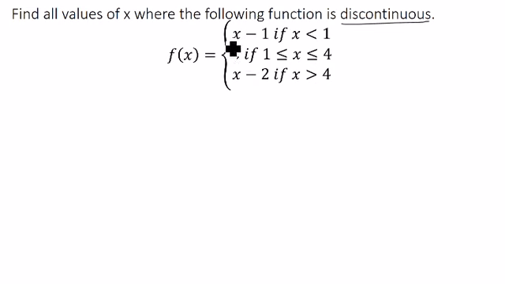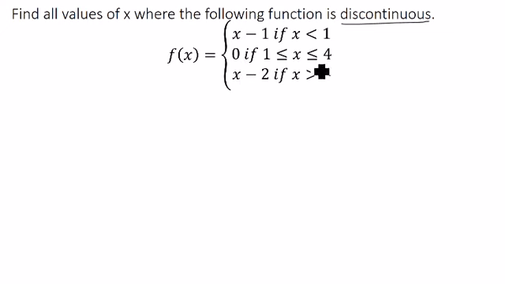So there are 3 branches or 3 pieces of this function, and we have to find where this function is discontinuous, meaning where it has any breaks, holes, or infinite discontinuities, any sort of things like that. Of course, you can draw the graph of this function if you have an advanced calculator, but that's not the goal of the process here.